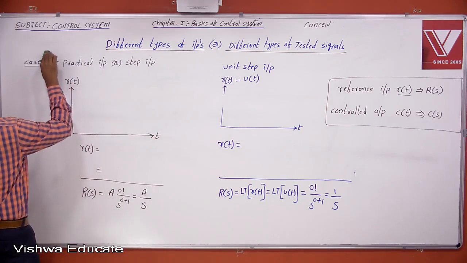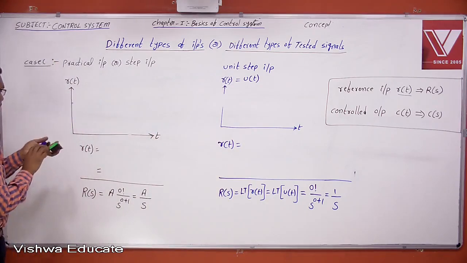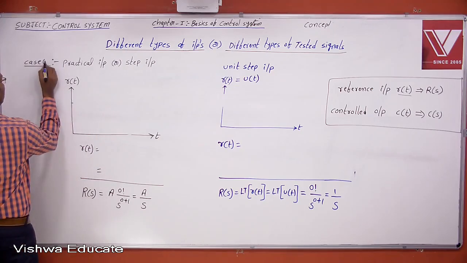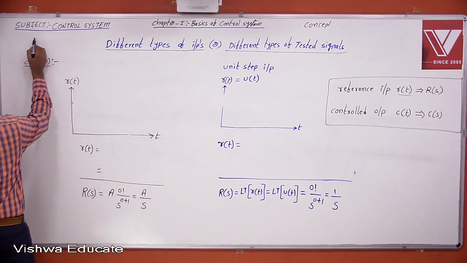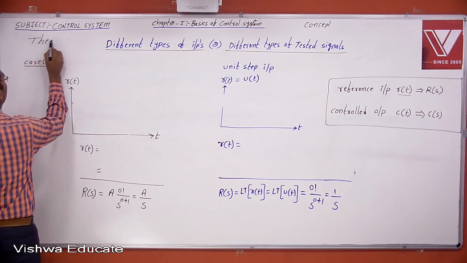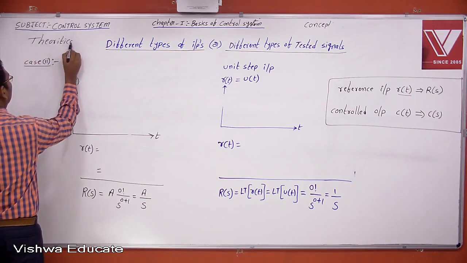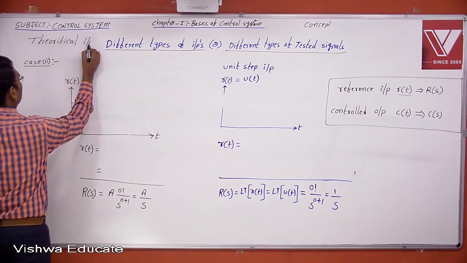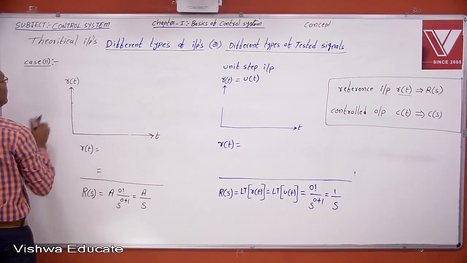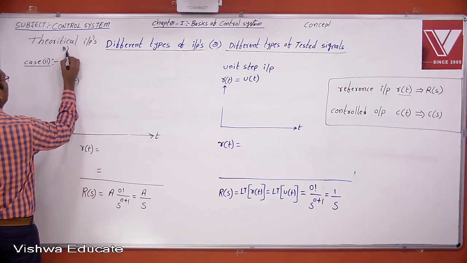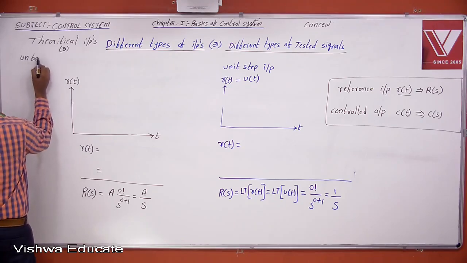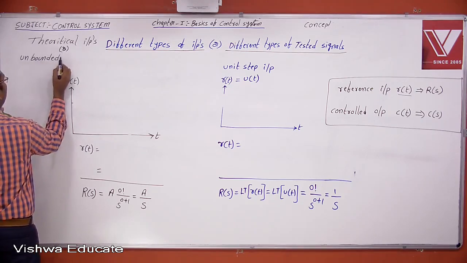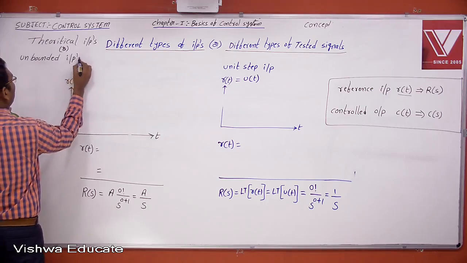Now this is case 2. Now we will see theoretical inputs. Theoretical inputs are also called unbounded inputs.